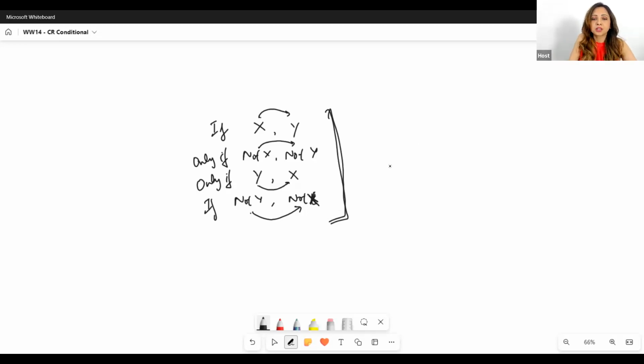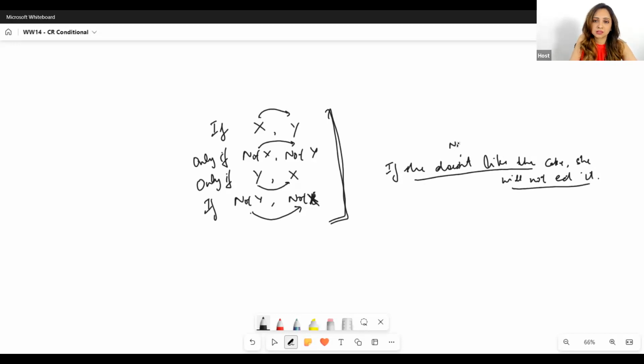So for example, if I have a statement like, say, if she doesn't like the cake, a very simple example we'll take, he will not eat it. So if she doesn't like the cake, she will not eat it.